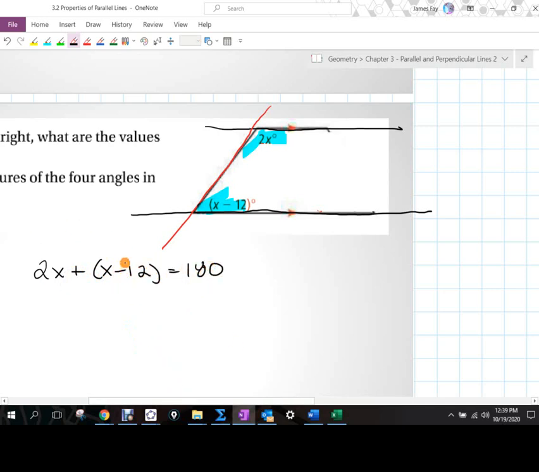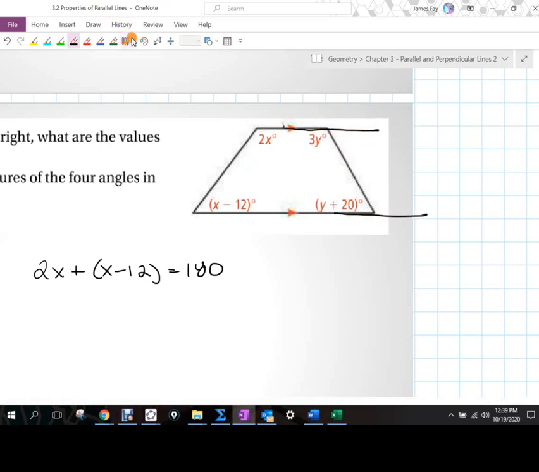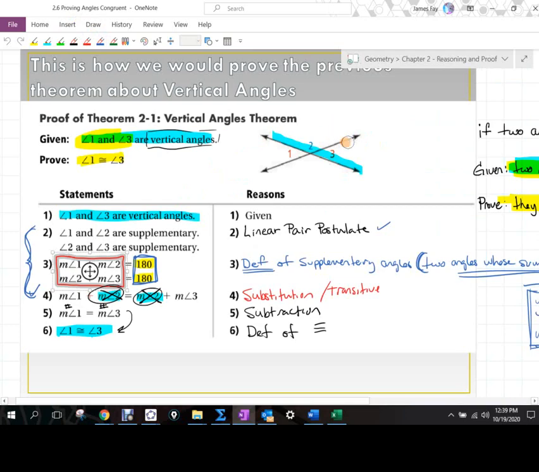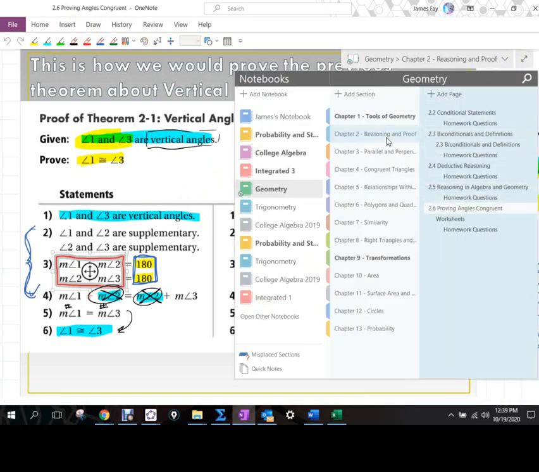And now I can solve for x, right? Can I then do the same thing by looking at this other set, hiding that stuff, looking at this?